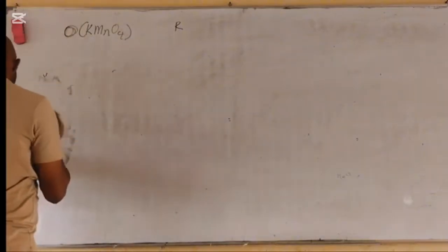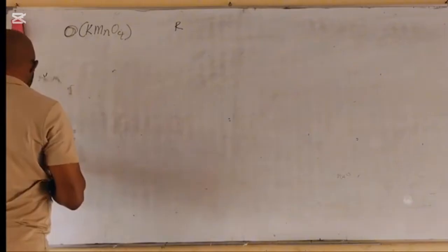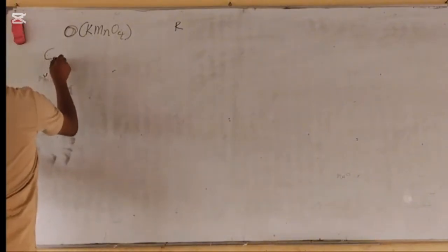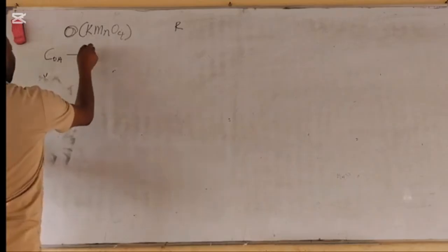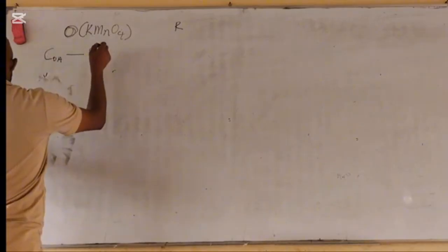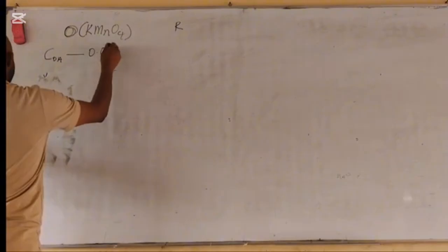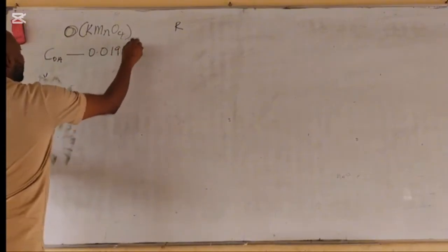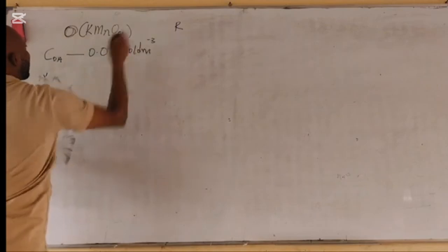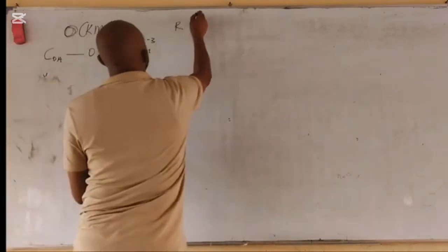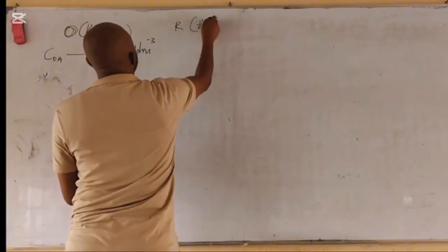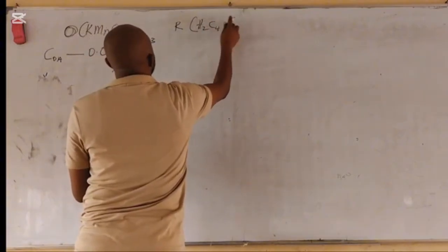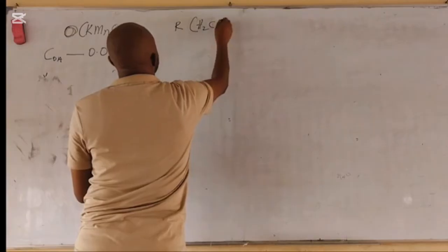And the concentration of the oxidizing agent is given to be 0.019 mole per dm cube. Our reducing agent here is ethanedioic acid, C2O4.